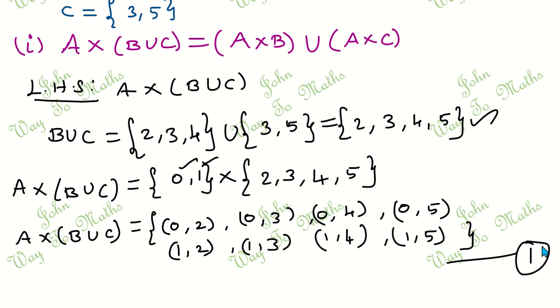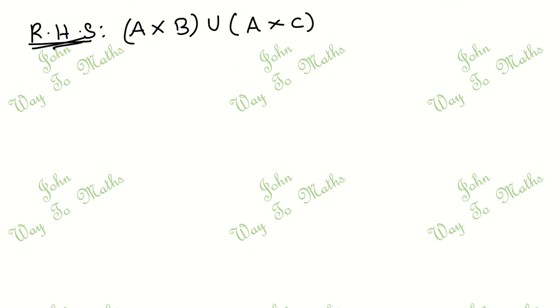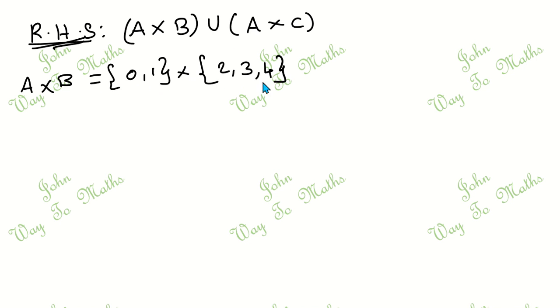Next I am going to find the RHS. RHS is equal to (A cross B) union (A cross C). First I am going to find A cross B. Set A is {0, 1} cross set B is {2, 3, 4}. Here I'm going to apply the product rule.